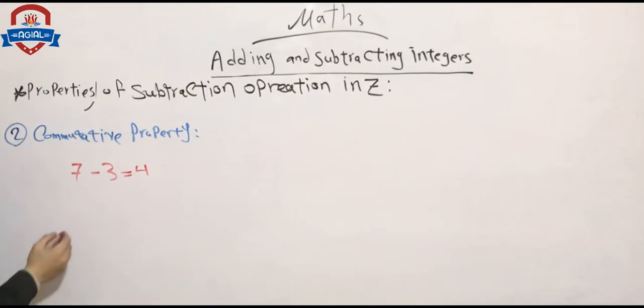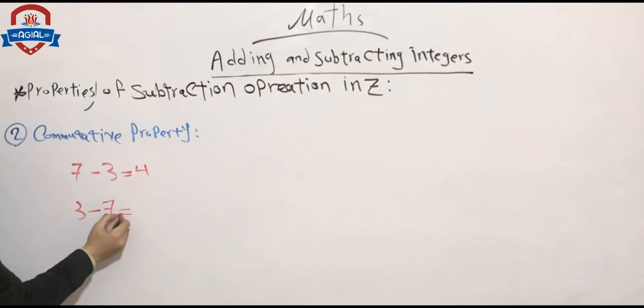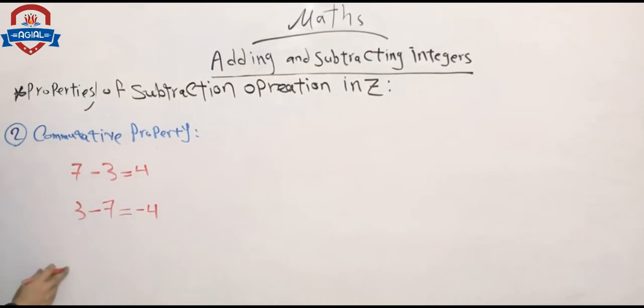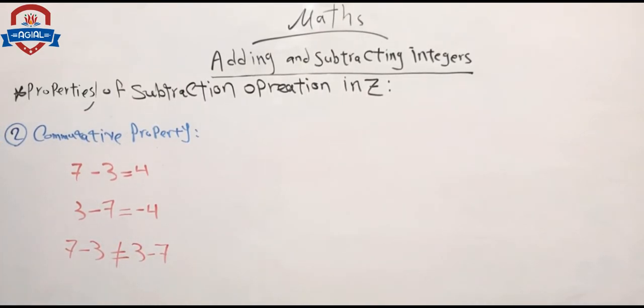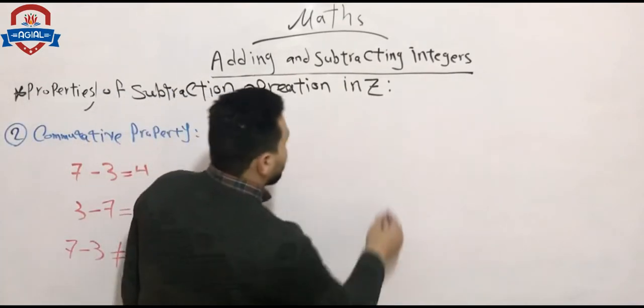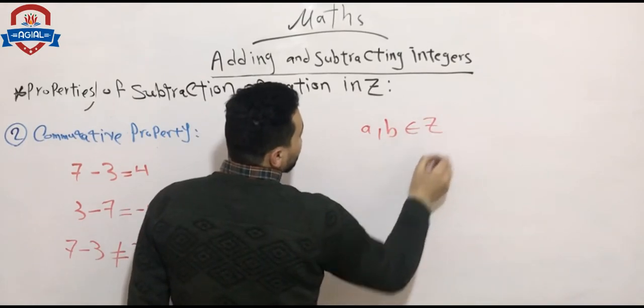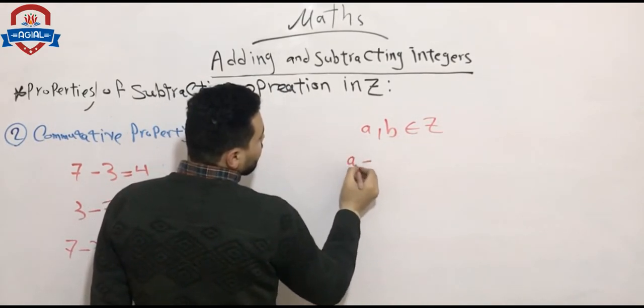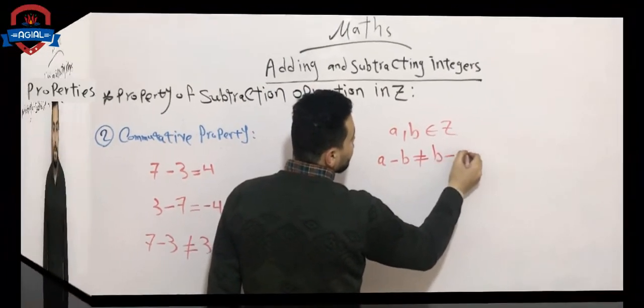But 3 minus 7 equals negative 4. So 7 minus 3 doesn't equal 3 minus 7. So if we have two integer numbers A and B belonging to Z, A minus B doesn't equal B minus A.